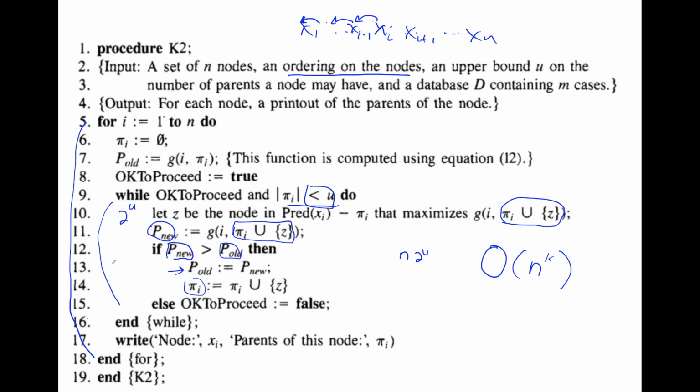And so you keep doing that for every single node until you end iterating through all of the xi nodes in that particular ordering. And the cost you pay for that ordering, that sort, is also polynomial. So we have the cost big O of n to the q for the sort, and then you add that cost of big O of n to the k, which is n times 2 to the U, and therefore k2 is polynomial runtime and therefore feasible.